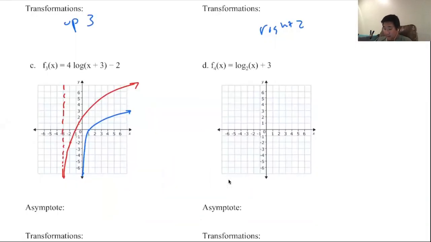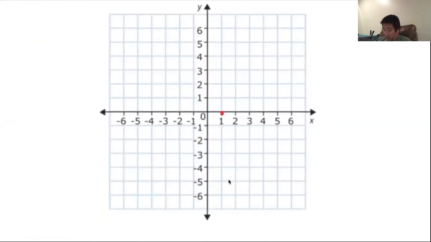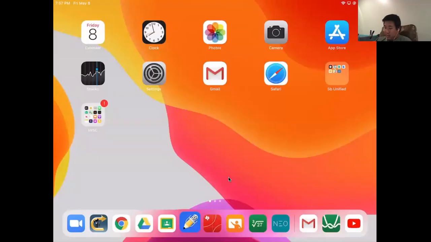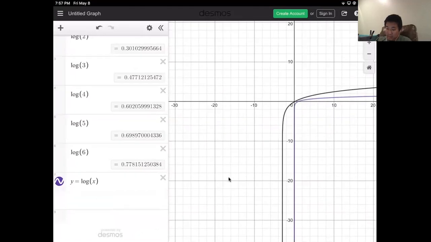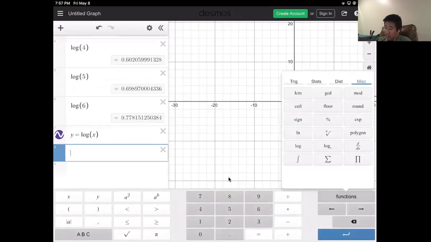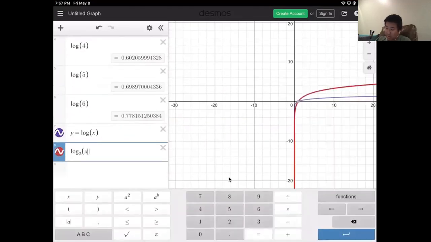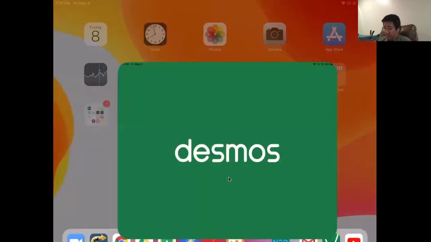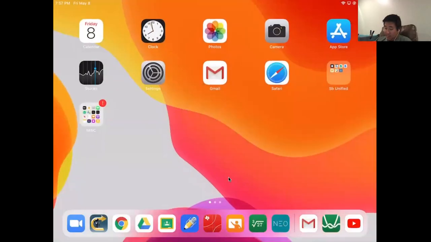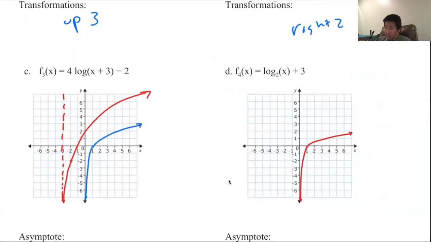And then this one, log base 2, still goes through here. And then this one just doesn't grow as much. It goes faster. Okay. Plus 3.